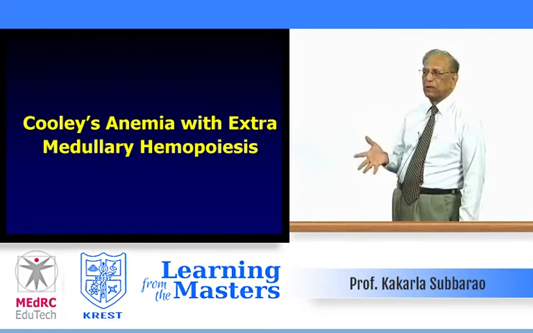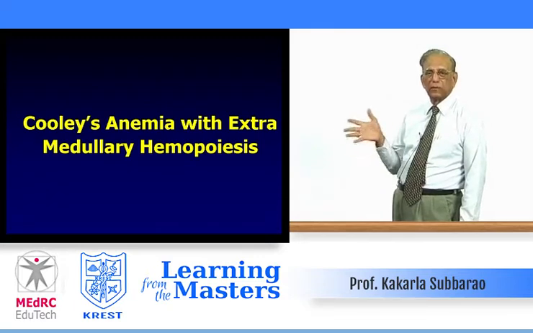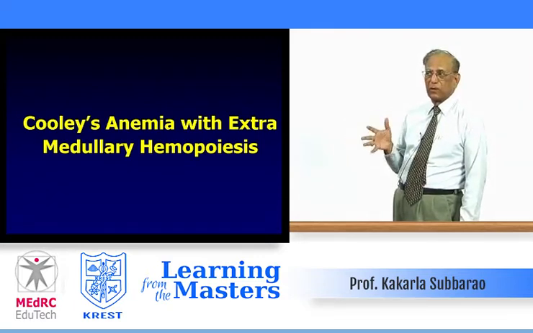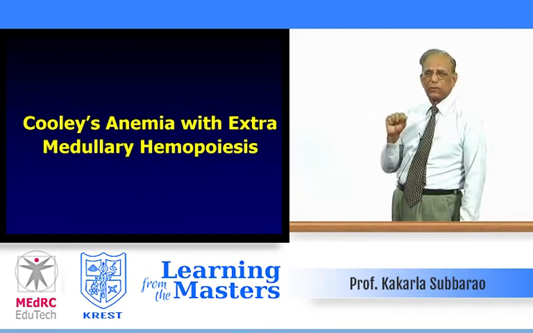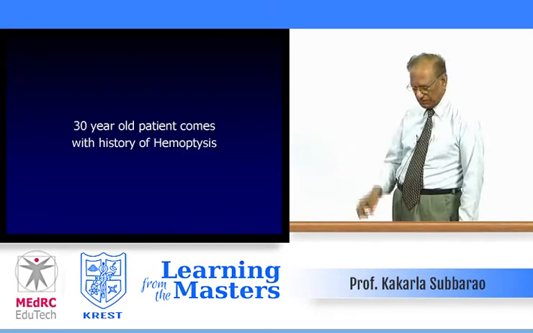This is Cooley's anemia with extramedullary hematopoiesis in the retrocardiac area, extending into the spinal canal. Extramedullary hematopoiesis from the vertebrae, as though the marrow is squeezed out from the vertebrae, and develops extramedullary hematopoiesis in the nerves, etc., and the soft tissues.